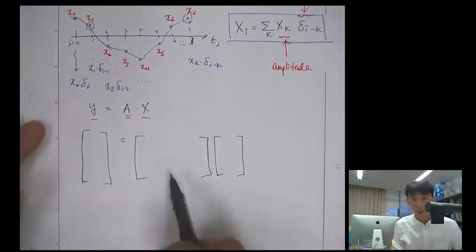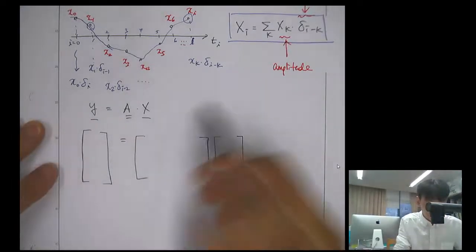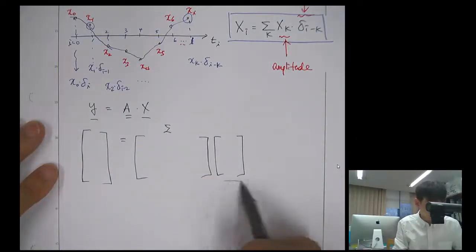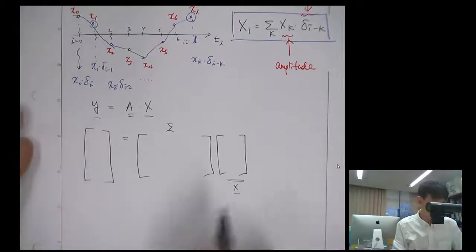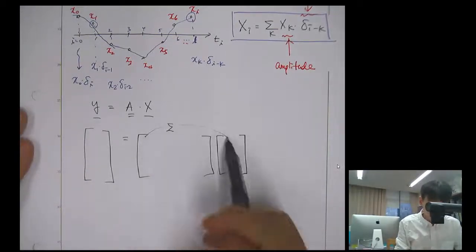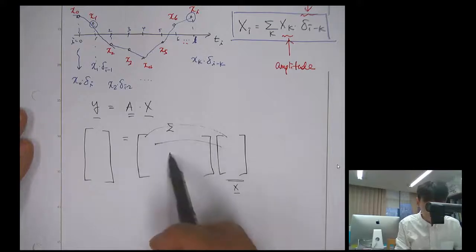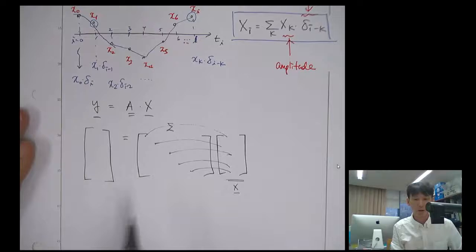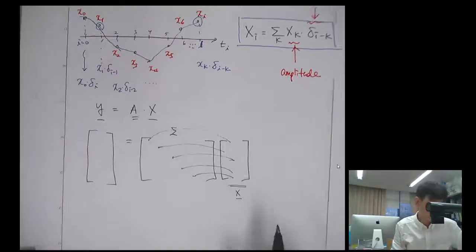And this A matrix does the same thing as this sigma, and this becomes with the xi. So then this will combine, and this will combine, and this will combine, right? Multiplication and also the summation at the same time together.